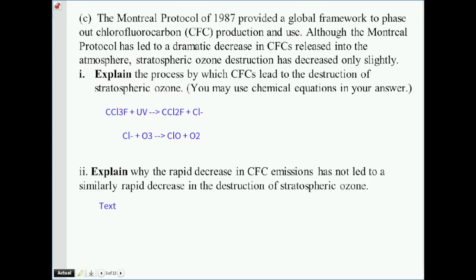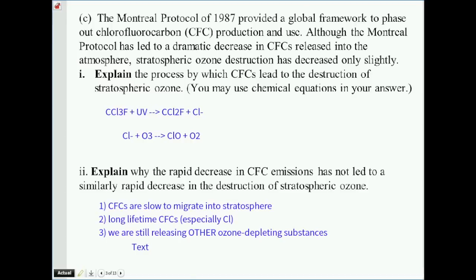And then we're also releasing other ozone depleting substances. So all of that is really causing that issue.